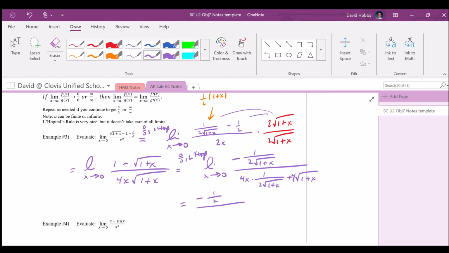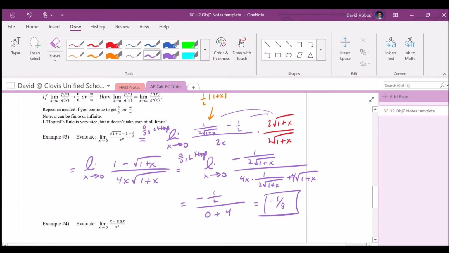You just have to clean it up. So we're going to be done here on this one. Now, I've got two things in the denominator. The first part here is 0, but then there's a plus, and then I have 4 times the square root of 1, which is 4. And so negative 1/2 over 4, which is negative 1/8.